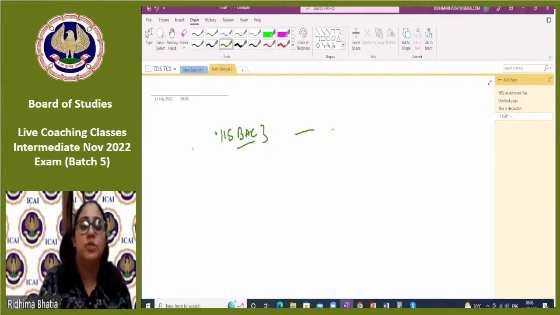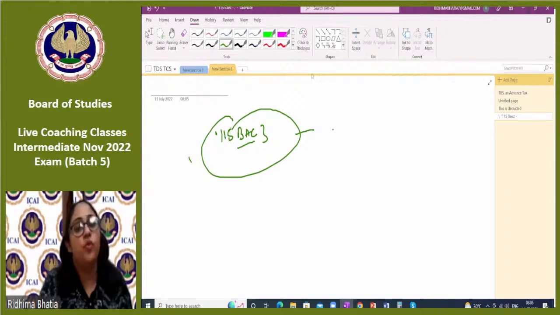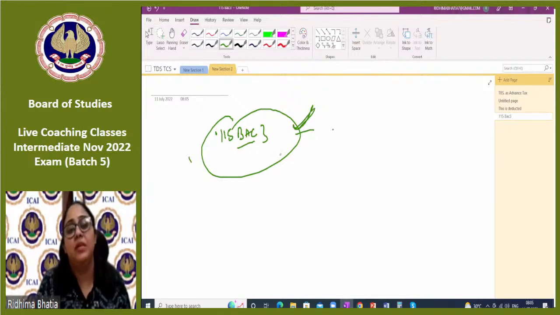This is a special section of computation of tax liability. So if an employee says that I want to compute the tax liability as per this section, then you will compute it as per this section. But the employee has to come up and say it. You will not automatically compute it as per this section.